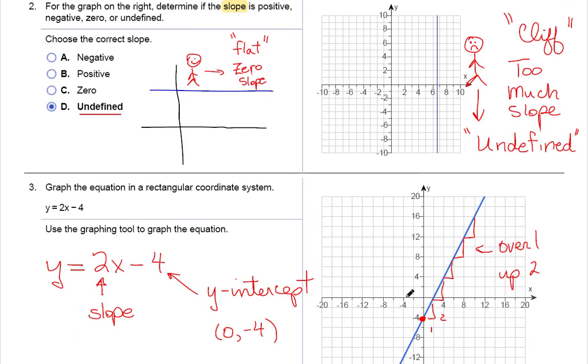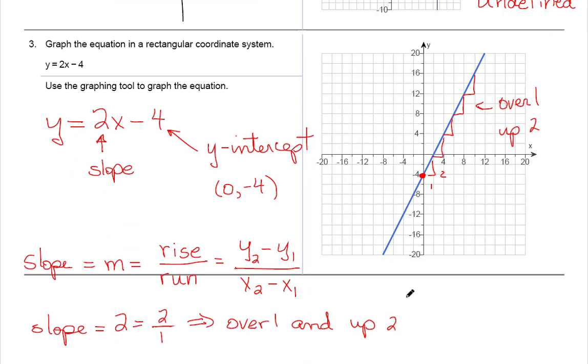All right, in question 3 here, they would like us to graph this particular equation of a line. Well, there's a couple of things that we can see here. One, this is already in the format that looks like y equals mx plus b. m is the slope. It tells us how steep our line is.